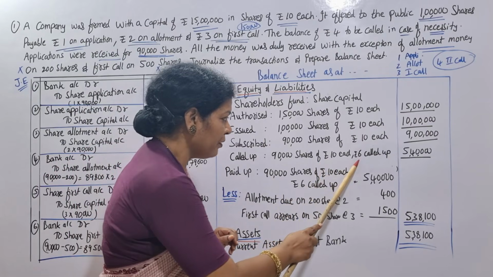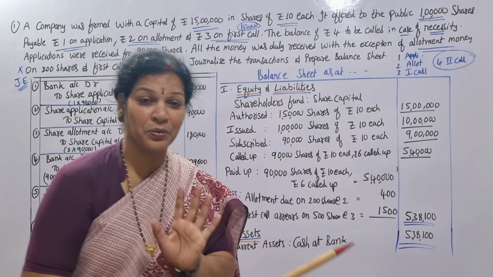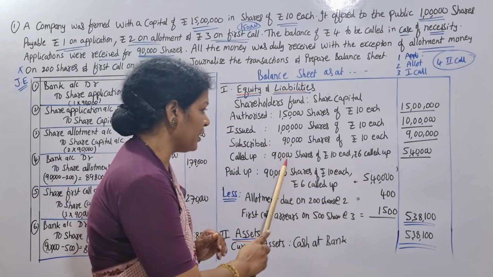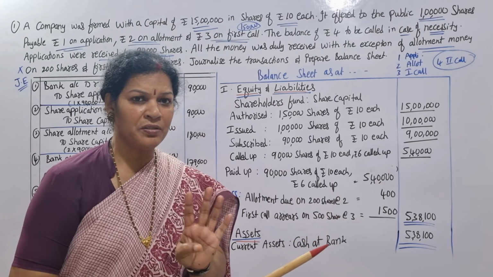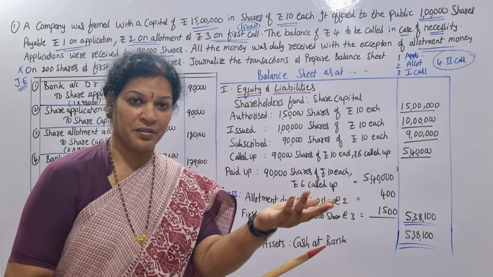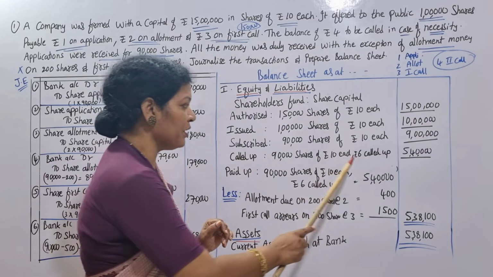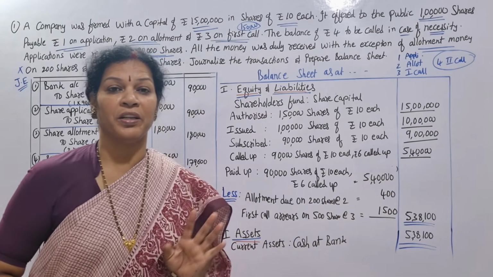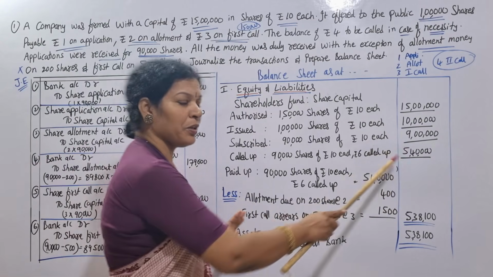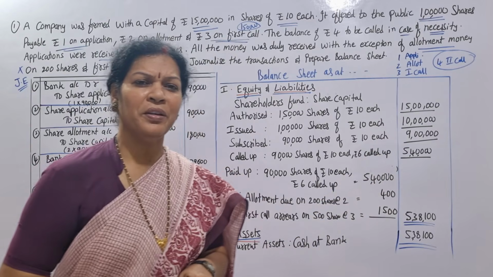Out of 10 we are calling 6 rupees only. 4 rupees we will call later. Right now we are getting 6 rupees only. 90,000 into 6 rupees comes to 5,40,000.